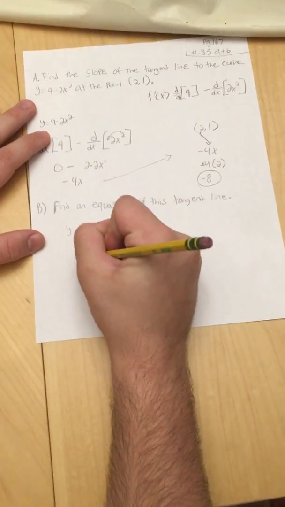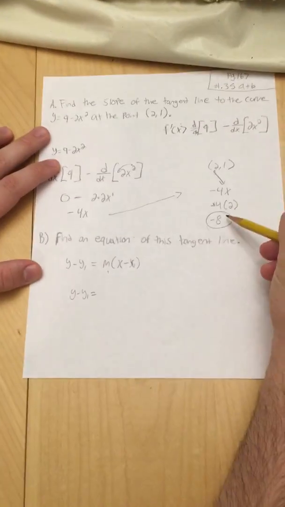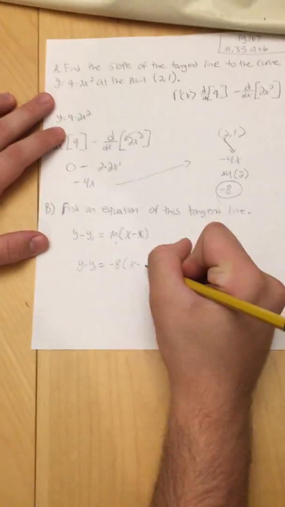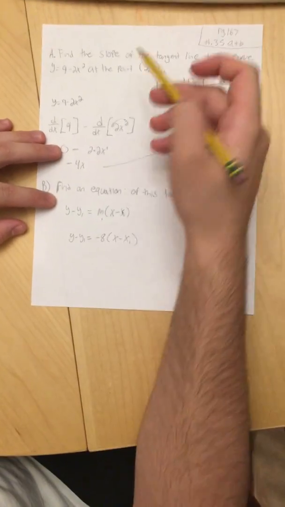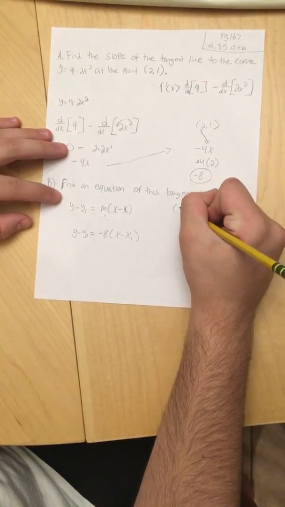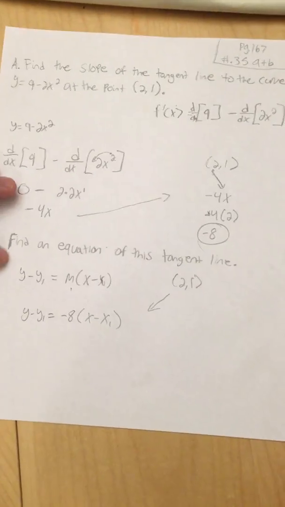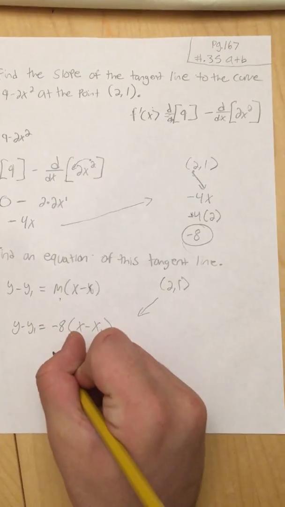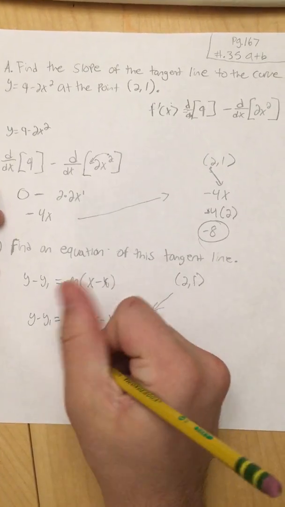So then you would get y minus y1 equals m, which is our slope, found over here, negative 8, times x minus x1. Now, the way that we would figure this out is we would take the first point that we selected, (2, 1), and plug it straight into this equation. Now, y1 would be 1, x1 would be 2.